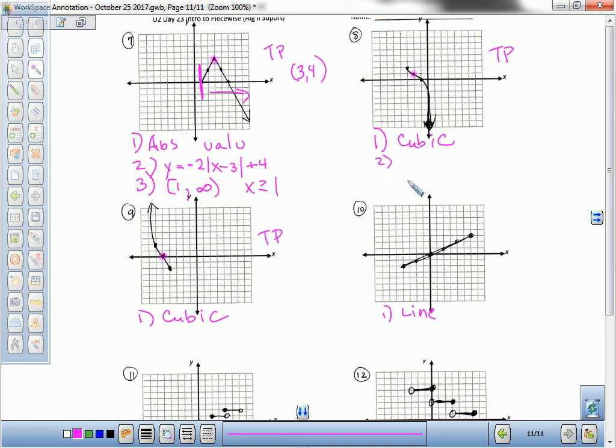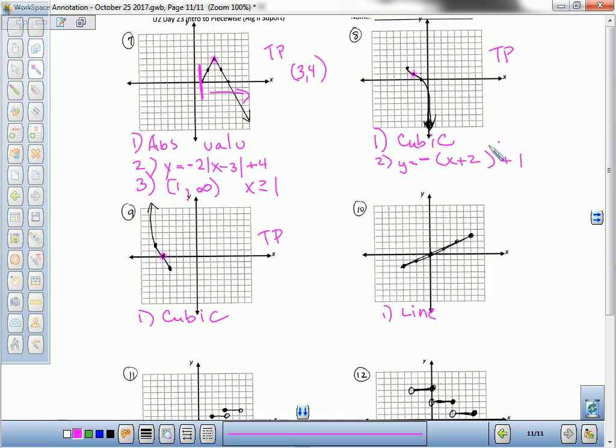All right, number 2. This is a cubic, and it's been shifted left 2 and up 1. But it's backwards. Instead of right and up, we went right and down. So what needs to go in front? A negative. Wait, why'd you square it?